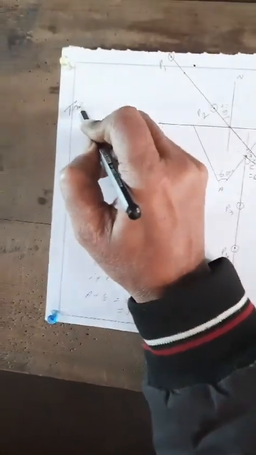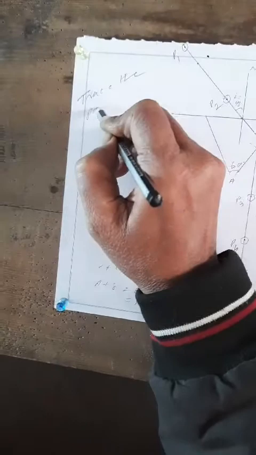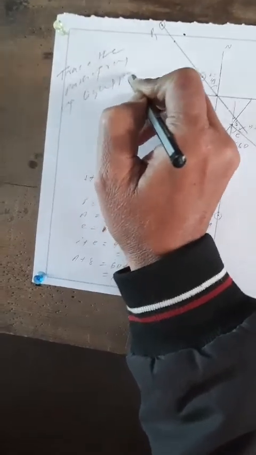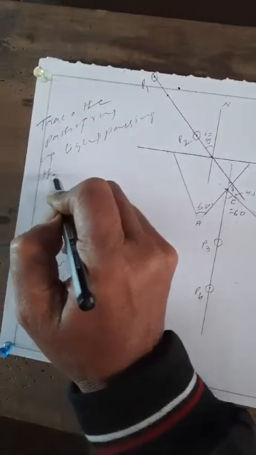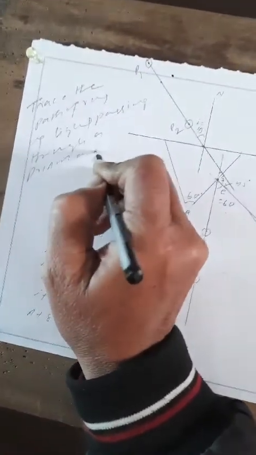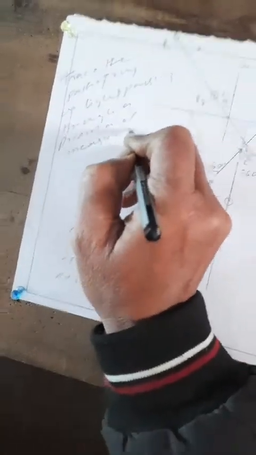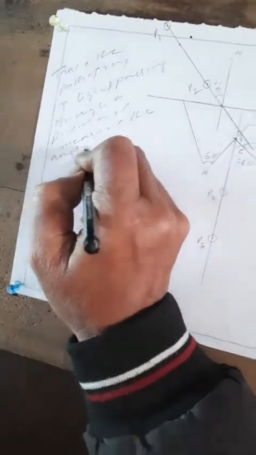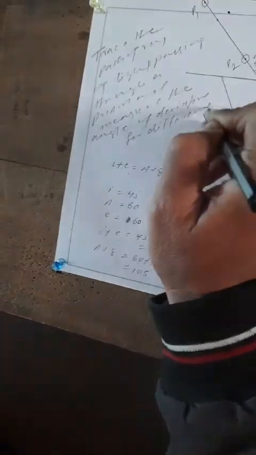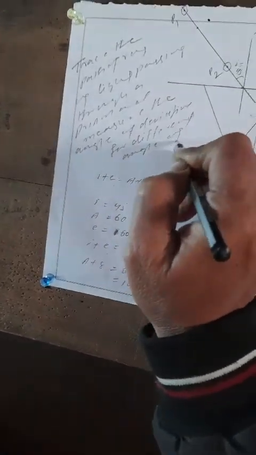So the experiment name is: trace the path of a ray of light passing through an equilateral prism and measure the angle of deviation for different angles of incidence. Okay, and you prove that I plus E is equal to A plus delta.